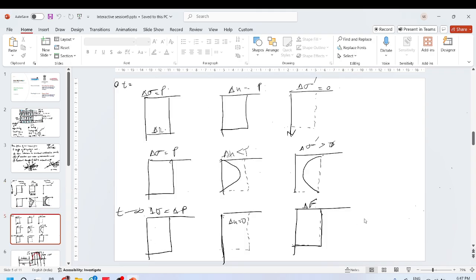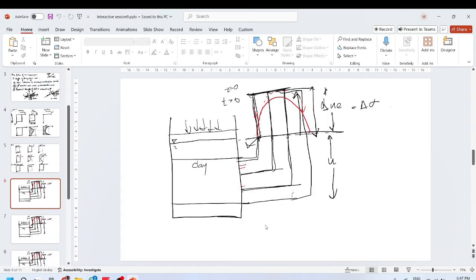Then at t equals infinity, you will have zero excess pore water pressure and a completely loaded soil skeleton. That is what we try to do. These are called the isochrones.